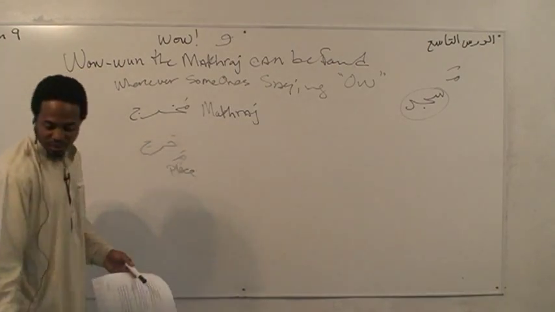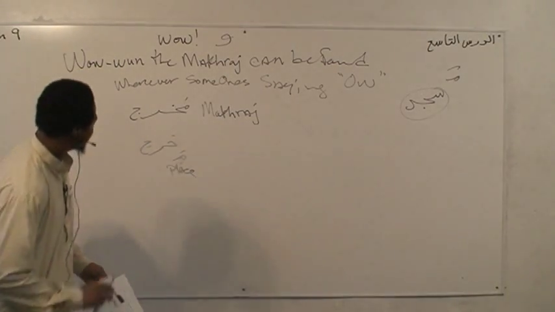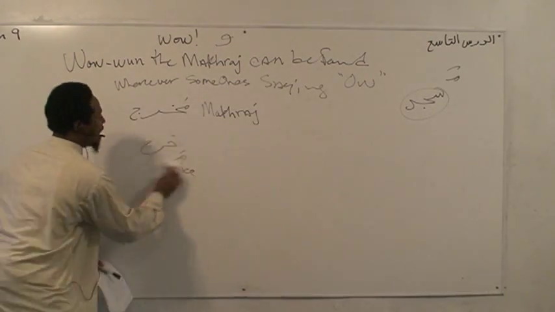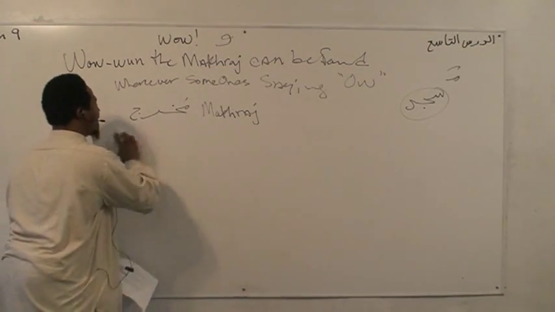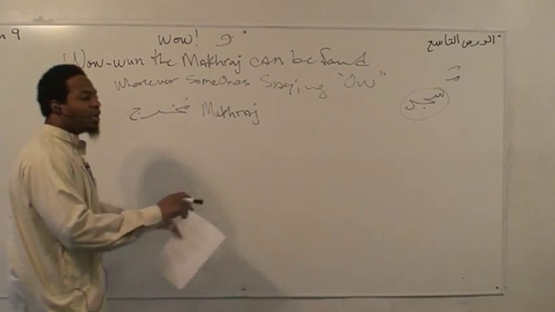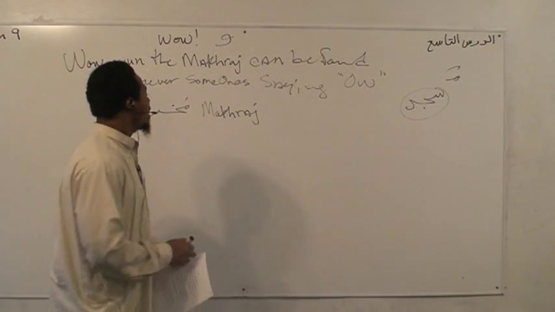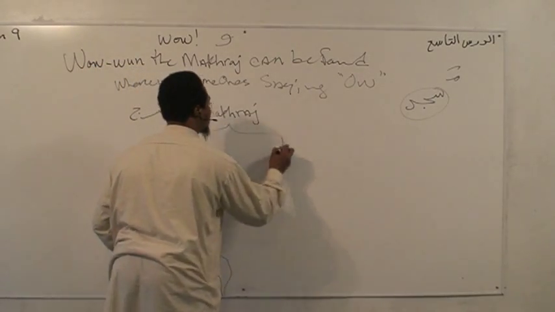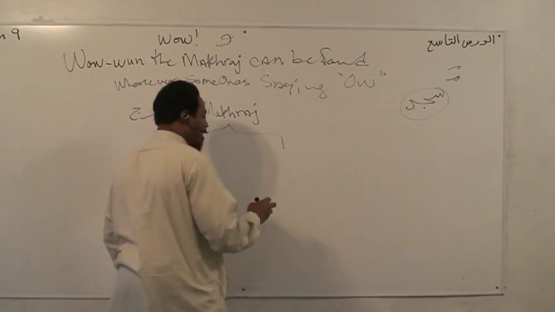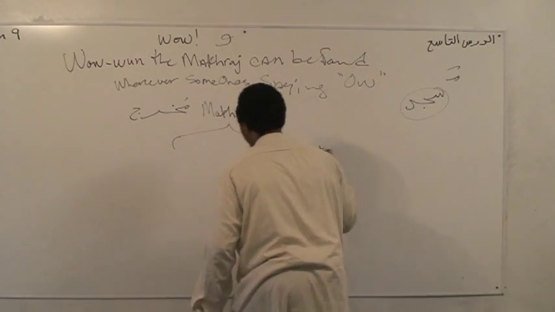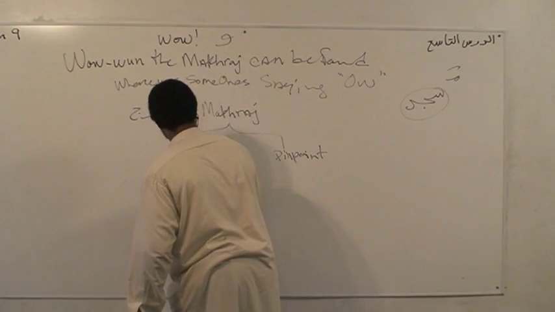I'll tell you. Because whenever we mention something, we have to go piece by piece and make sure we understand it fully. So the makhraj is the point of articulation, the point of enunciating a sound. There are two types in the Arabic language, right? There is one that is pinpointed, that we can pinpoint. And there's one that is vague.